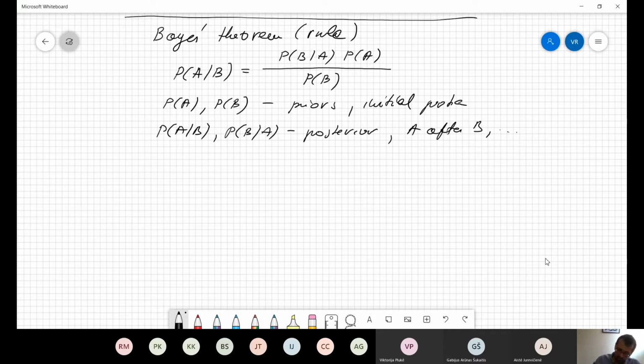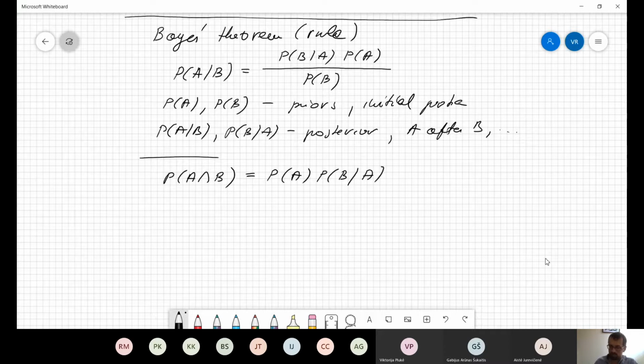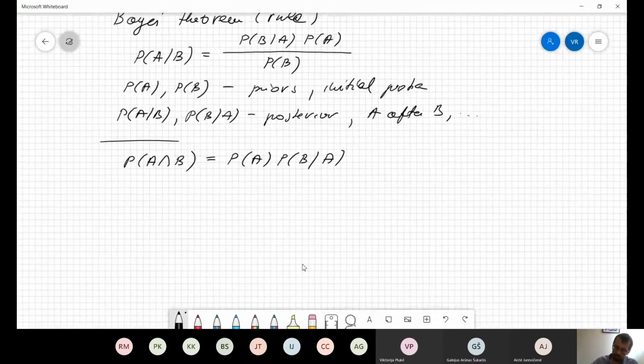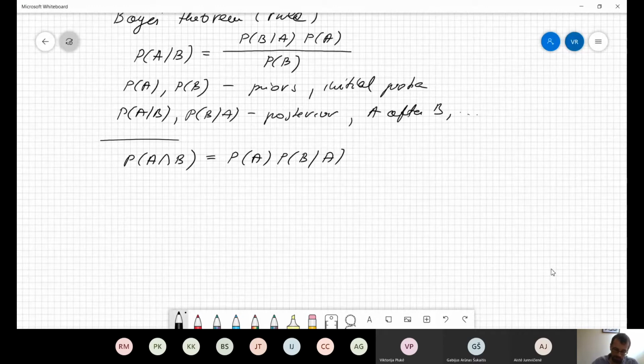The conditional probability states that the probability of A and B, of observing two events, is equal to the probability of observing event A times the probability of observing event B given A. So if A is already present and we're observing B, multiplying these two gives us the probability of observing both events at the same time, or one after the other. It depends on the subject.